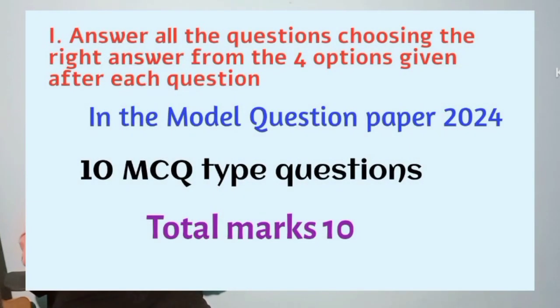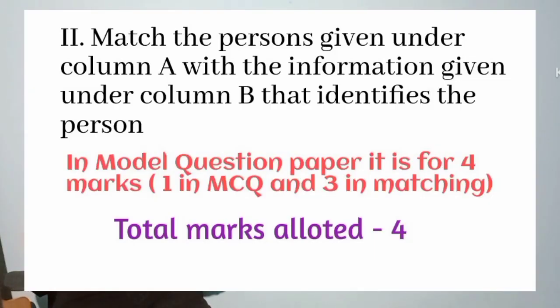First change. There are 10 questions carrying 1 mark each, that is MCQ type. This can be reduced to 8. The next change is matching the persons given under column A with the identification of these characters or the authors given under column B. Actually, this was given in 2 places.